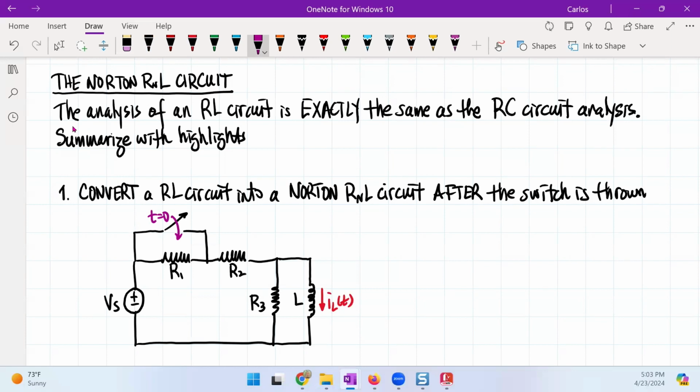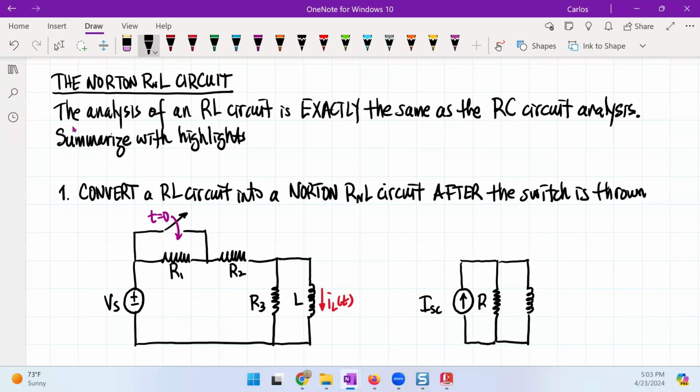If we do not a source transformation, but calculate the Norton equivalent, then this is what we're going to get. We're going to get a current source, which is I short circuit. Here's our current source. We have a resistor in parallel, as well as an inductor in parallel.